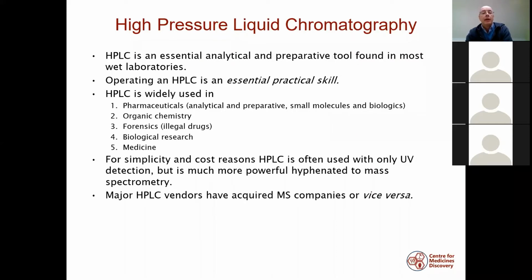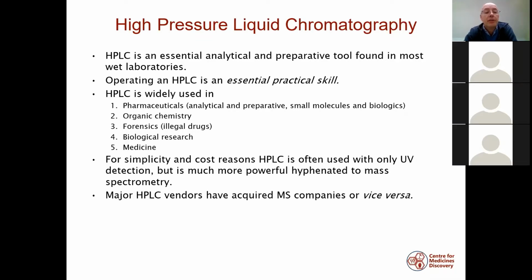Okay, so HPLC is an essential analytical tool. It's also a preparative tool, and it's found in most wet laboratories. Operating HPLC, I would say, for a lot of biochemists and chemists, is an essential practical skill. HPLC is very widely used.